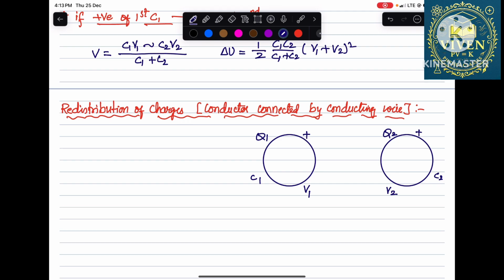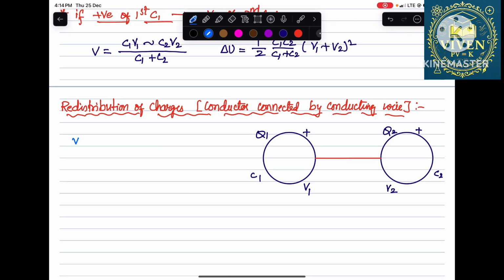Now say that these two are connected with a conducting wire in this way. So the net potential for these two will be V is equal to C1 V1 plus C2 V2 by C1 plus C2.